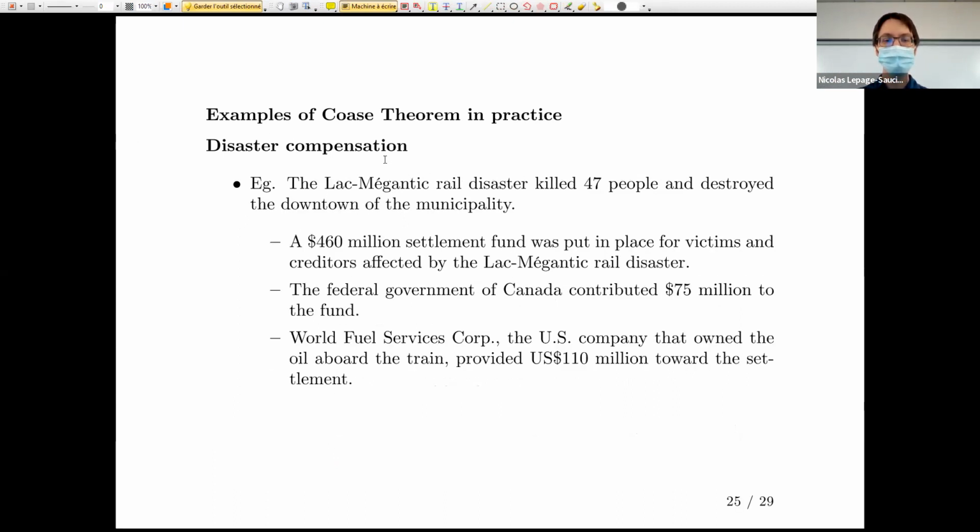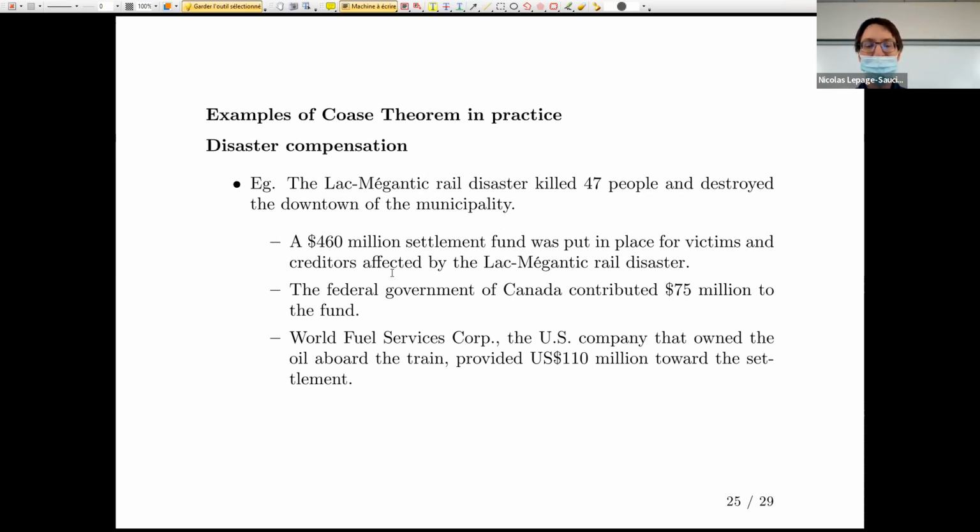Another example, closer to home, the Lac Mégantic rail disaster that killed 47 people and destroyed the downtown of Lac Mégantic, which is a very nice little town. Here I'm less impressed, I would say, because there was a 460 million settlement fund put in place for the victims, for the people who lost dear ones, and creditors.